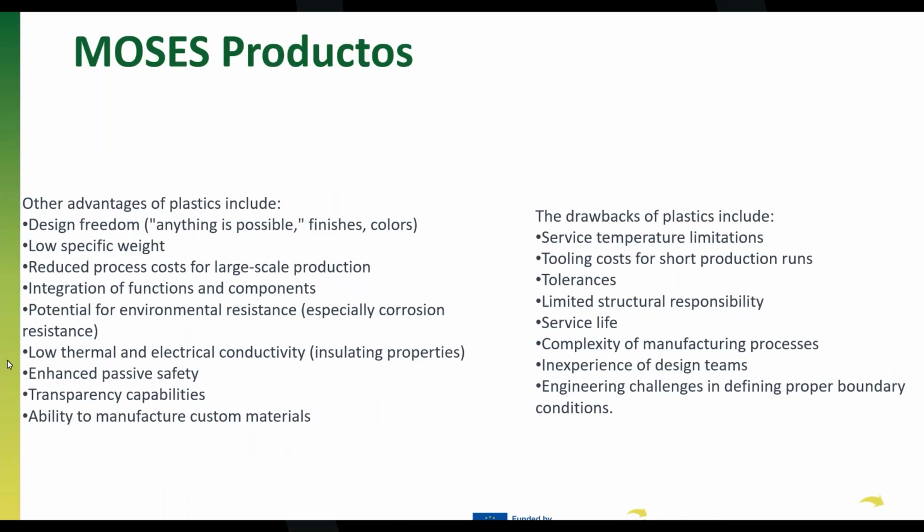Problems: we have tolerance, limited service time, and structural responsibility depending on the polymer is not feasible. So once we think about using injection molding and polymers, we need to take into account these properties, and also the transformation technologies that we will see in the next slide, because it's not only the polymer and the plastic, but also what we have in the following slide.